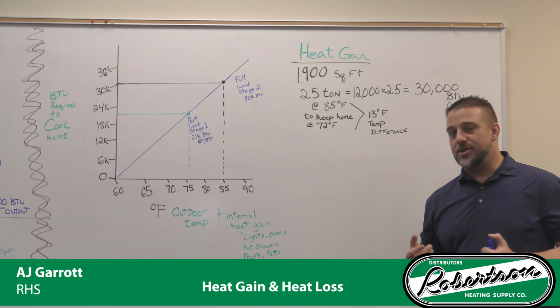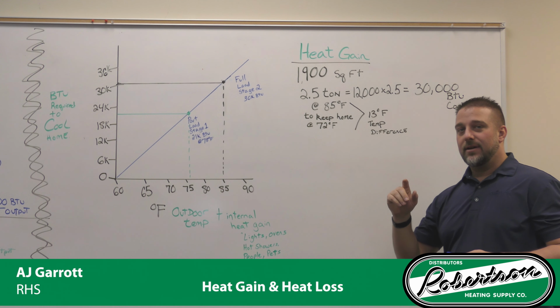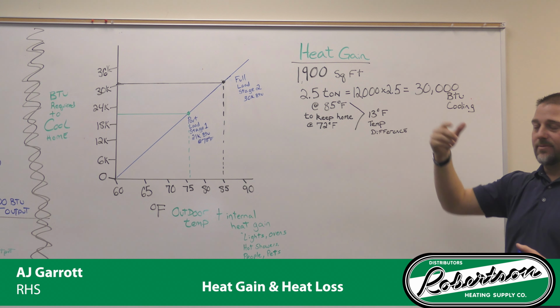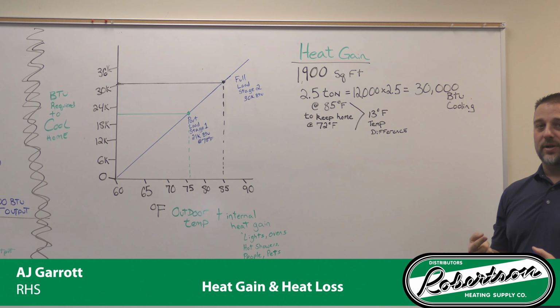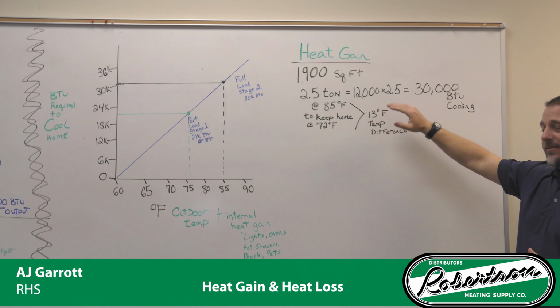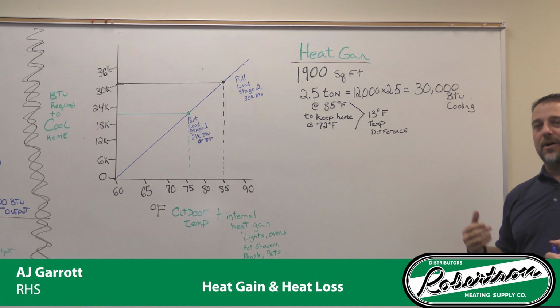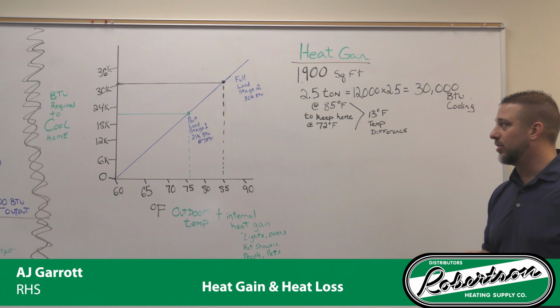Now, every air conditioner is rated in tons. Tons equate to BTUs. There are 12,000 BTUs in 1 ton of cooling. So if you take 12,000 times 2.5 tons, that equals 30,000 BTUs of cooling required.